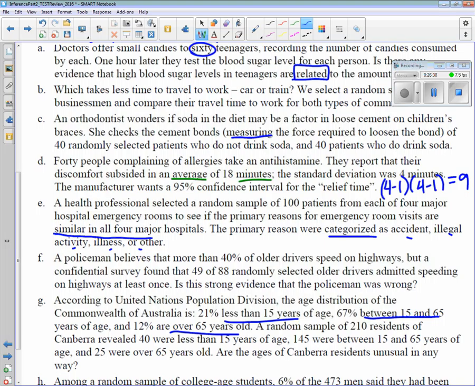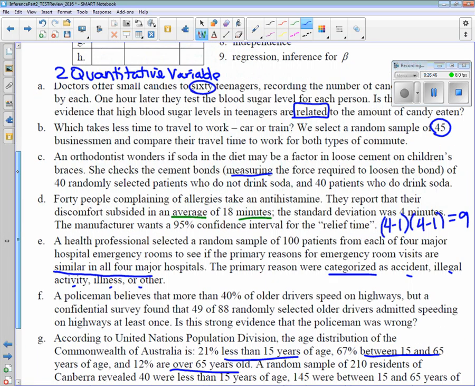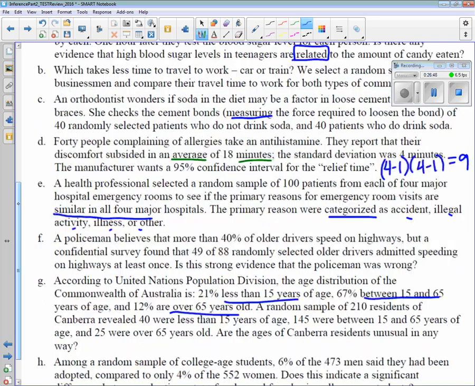How many samples do I have with F? I have 1, because I had a claim that I'm comparing my 1 sample from. So the 49 out of 88 is the sample. That 40% is going to be your proportion, your claim.